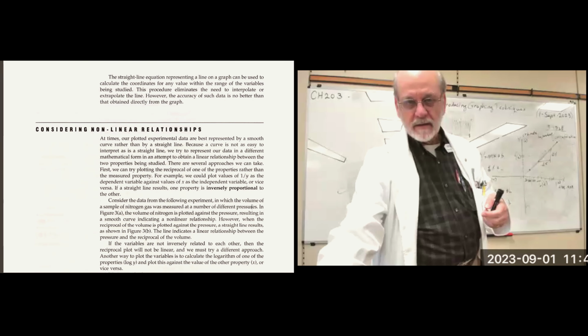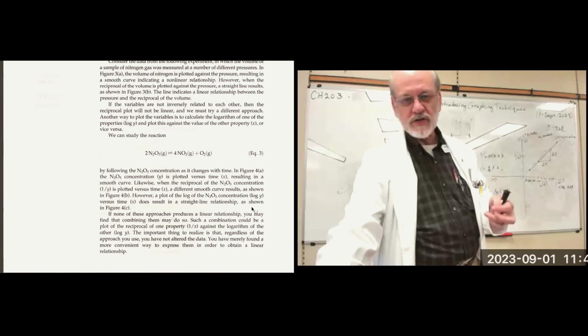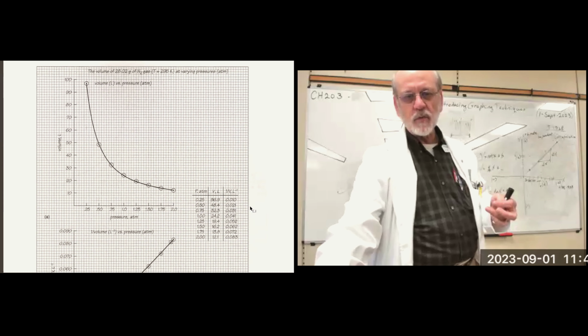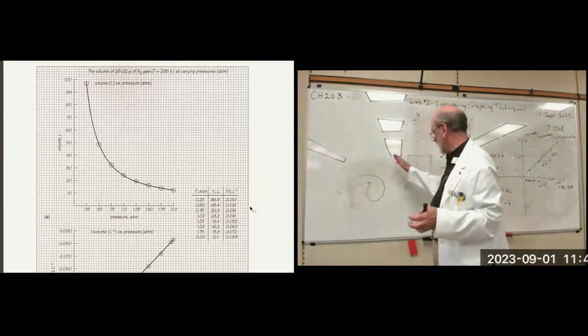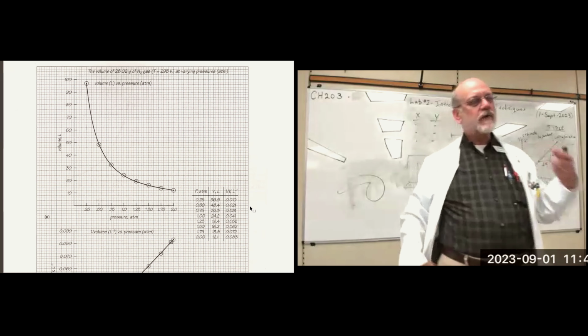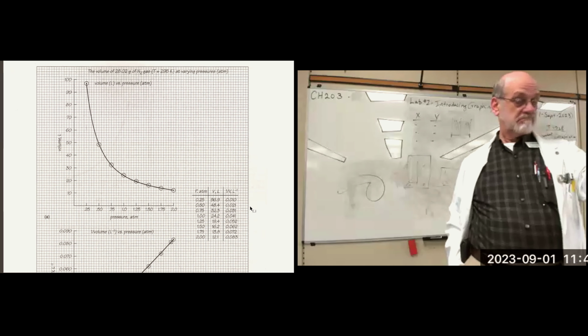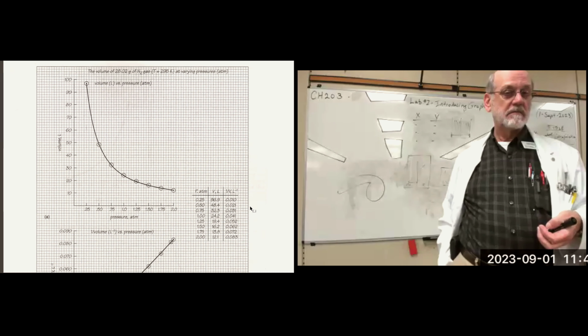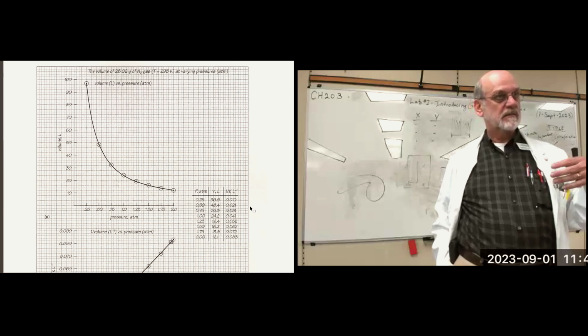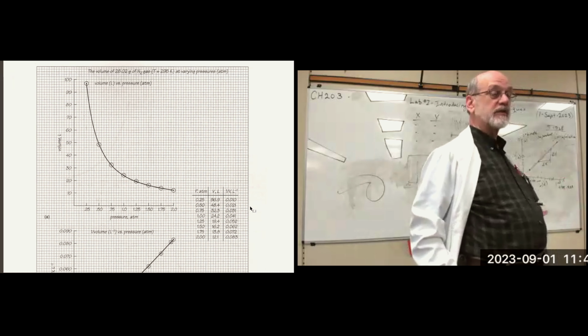Oh, okay. Nonlinear relationships. All right. Here, this example is the one where I showed you pressure and volume with the nonlinear relationship. So how do we convert that particular relationship into a straight line so that we can determine the slope?